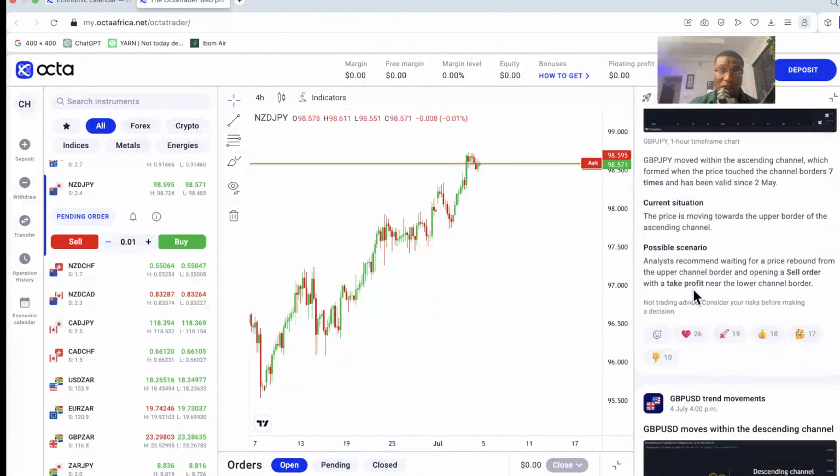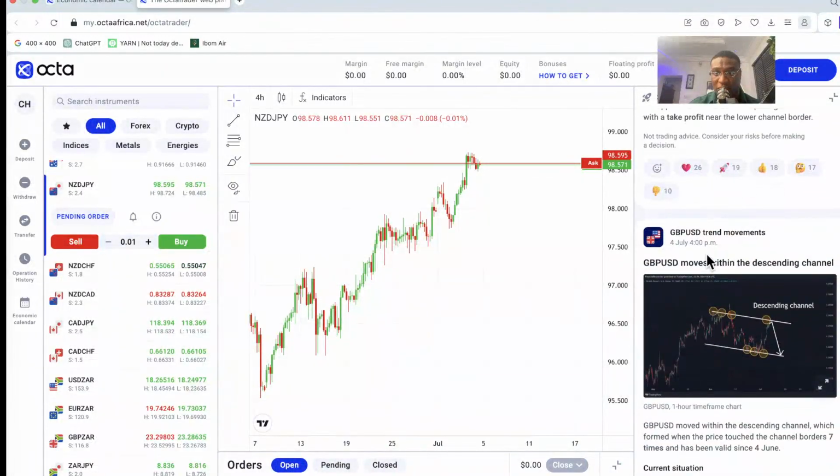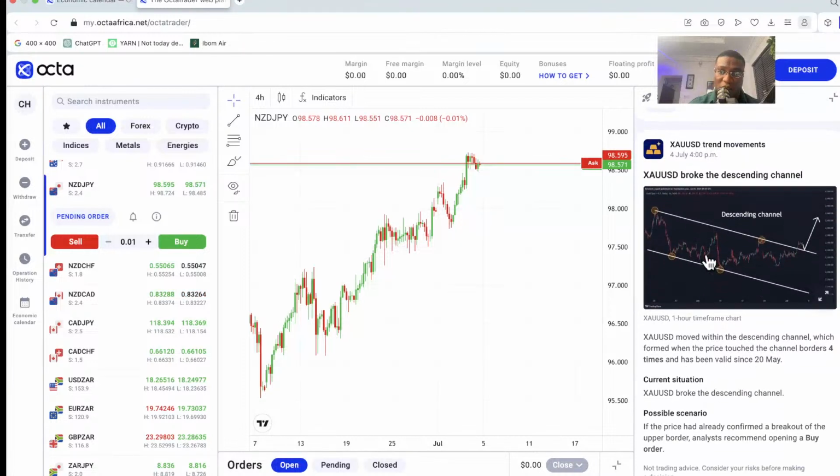There are varieties of pairs that you can trade and that you can also understand based on the analysis as well. And this is very important for beginner traders. If you're a beginner trader, I would recommend space for you, because sometimes an expert trader can see something else or something in a bigger picture.